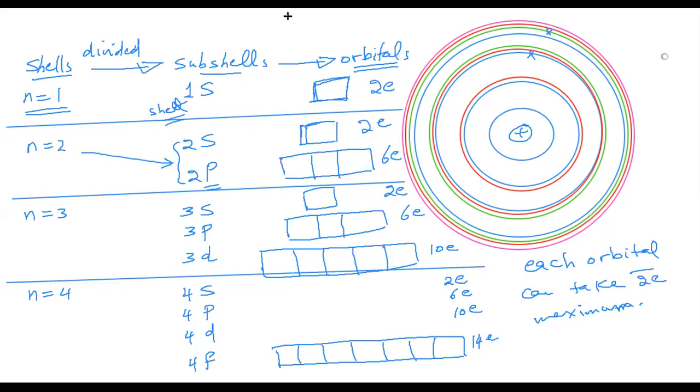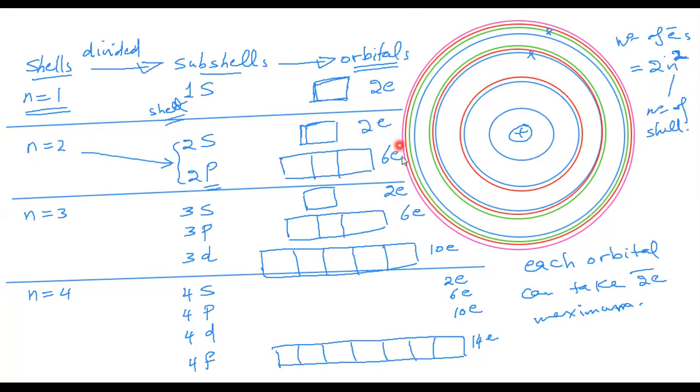We say that the number of electrons in any shell is calculated from the rule 2n squared, where n is the number of the shell. So if we are dealing with shell number 1, then 1 squared is 1, times 2 makes 2 electrons maximum. If we are dealing with n equals 2, then 2 squared makes 4, 4 times 2 makes 8 electrons.